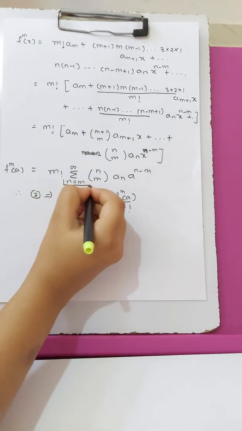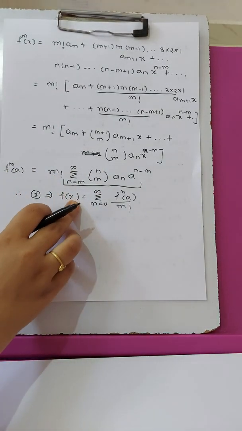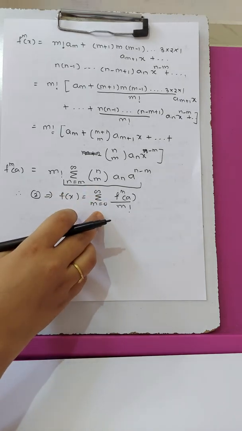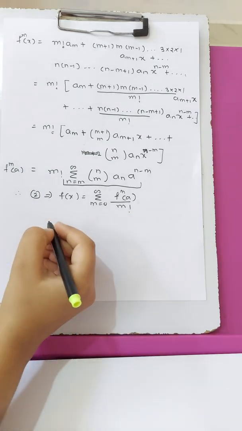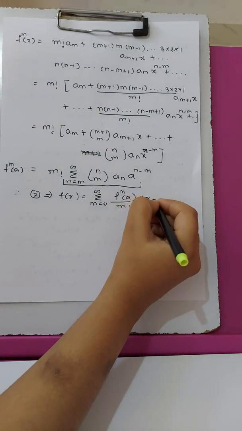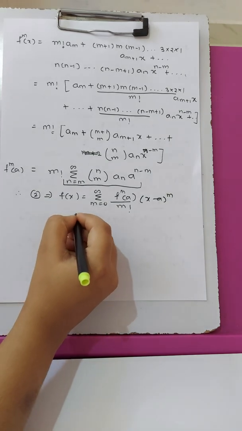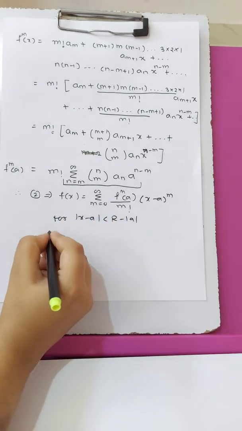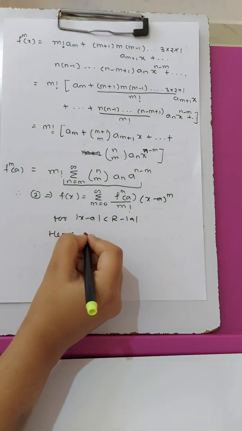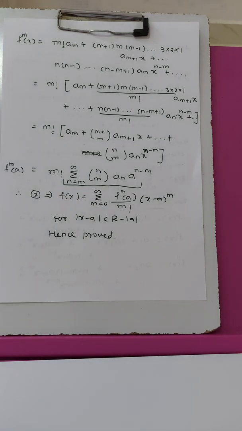Taking m factorial here, we get f of x equals to summation m from 0 to infinity fm of a upon m factorial and x minus a to the power m for mod x minus a less than r minus mod a, and hence true. So here we complete the unit 4 of paper real analysis. Thank you.